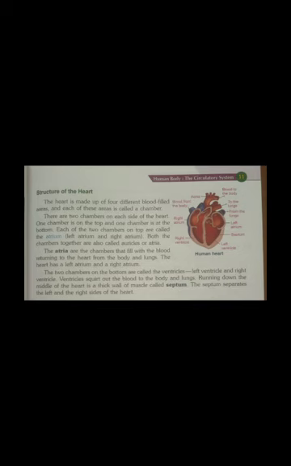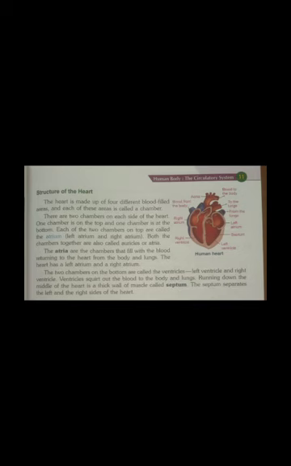The function of atria is that they receive the blood returning to the heart from the body and the lungs. So the heart gets blood from two areas, that is from the lungs and from the whole body. So the blood which returns back to the heart gets collected in these two atria.